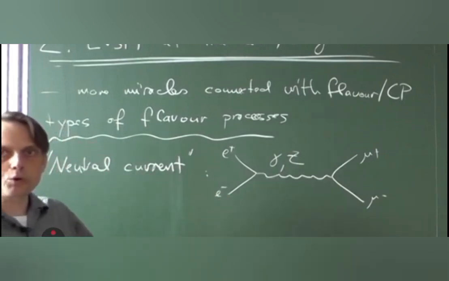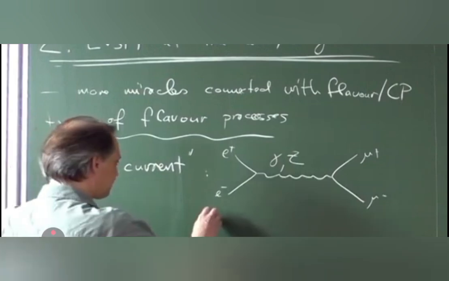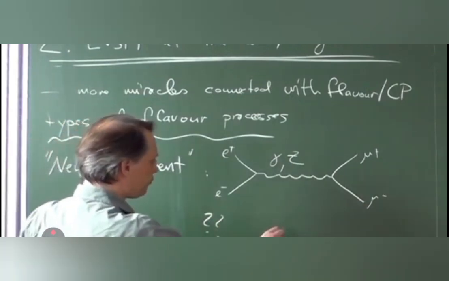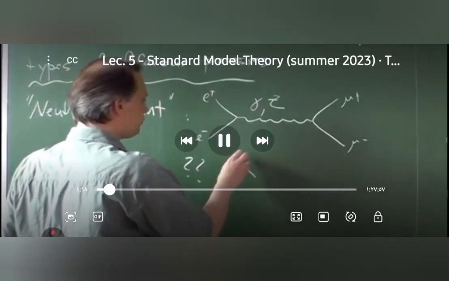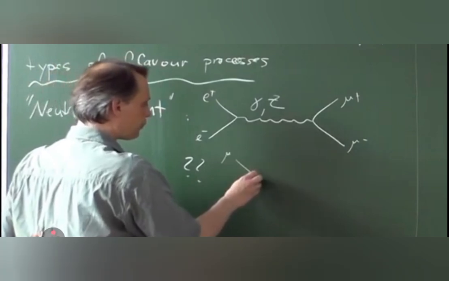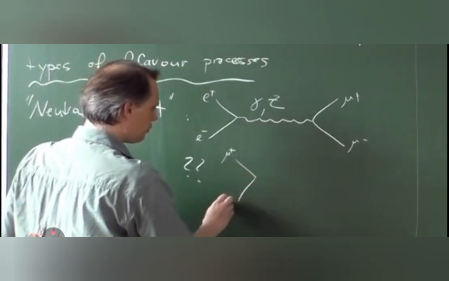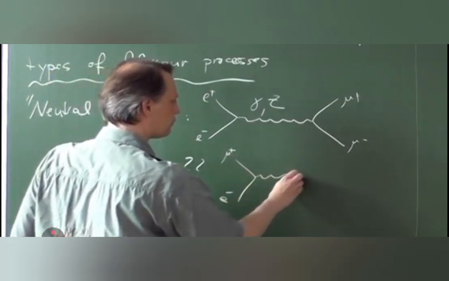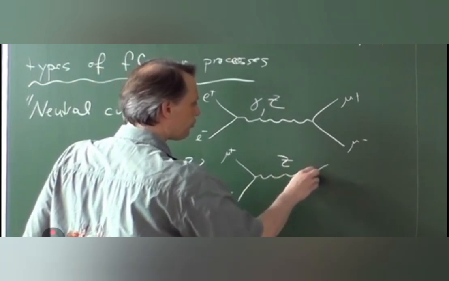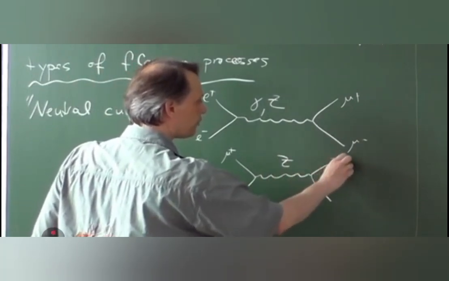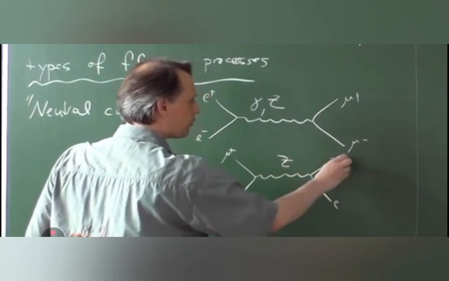And one might imagine a process which looks like this. For example, mu plus and e minus goes into a Z boson, and then at the end you might have a tau lepton and an electron maybe.